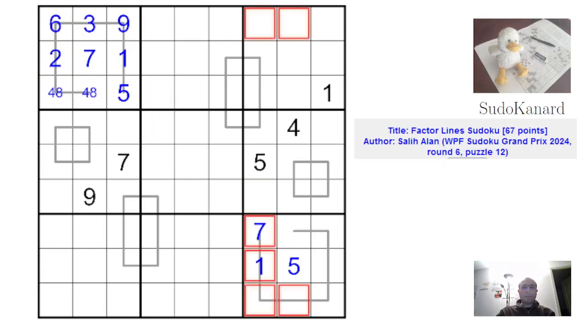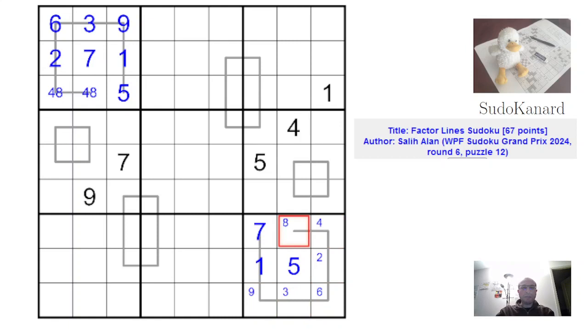And something similar is happening here. 9 can only be a neighbor of 1 and 3, so 9 could be here or there. So we could have 9, 3, 6, 2, and 4 and 8.